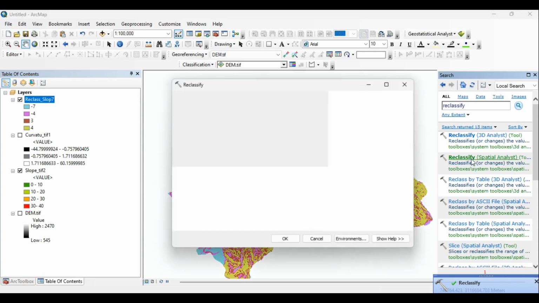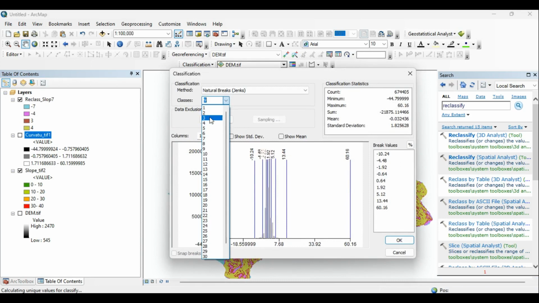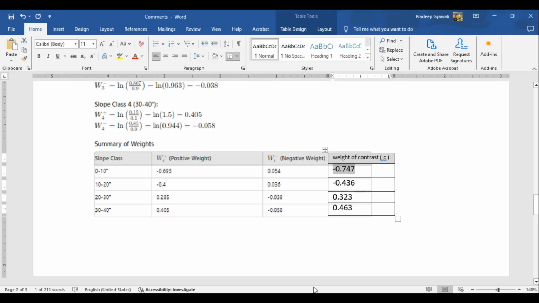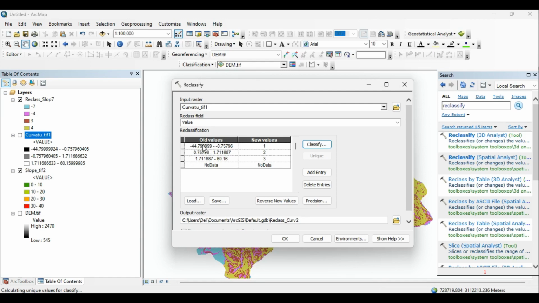And similarly for reclassifying curvature, I have to use three classes, that means flat, concave and convex surface. And similarly, by using this calculation, we have to calculate the summary of weight for curvature classes, that means for concave, for flat and for convex. For example, I have used here the more negative value, 44 to 40, 75, so plus 6 here.